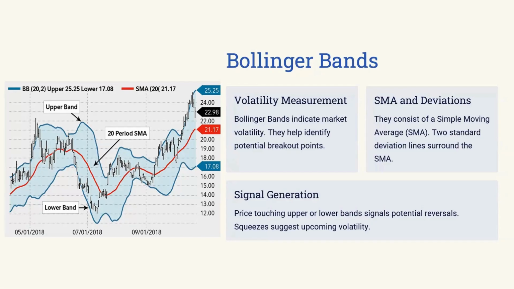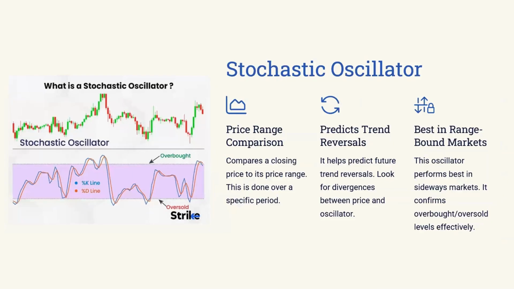Now we'll proceed with the next slide, which is stochastic oscillators. This indicator was developed by George C. Lane. It is a momentum indicator that compares a particular closing price of an asset to its price range over a certain period.